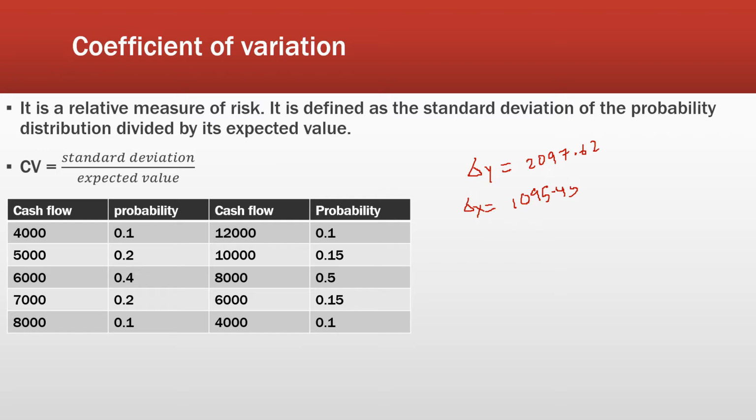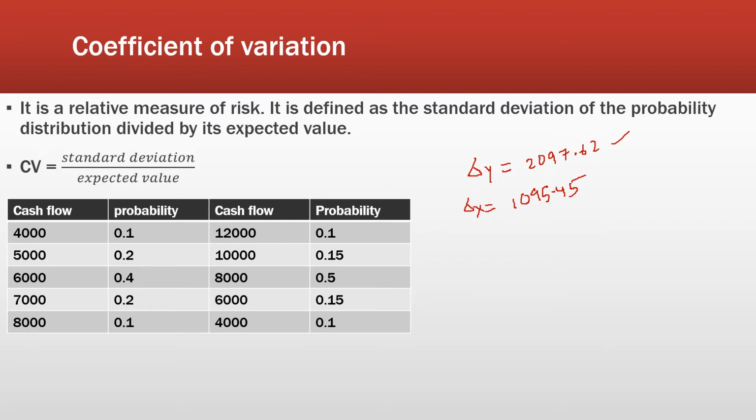Now project Y may be preferred because of the larger standard deviation. But there is a problem: because of this, it is much more risky as compared to project X, because project X has a smaller standard deviation. Project Y is more risky as compared to project X.